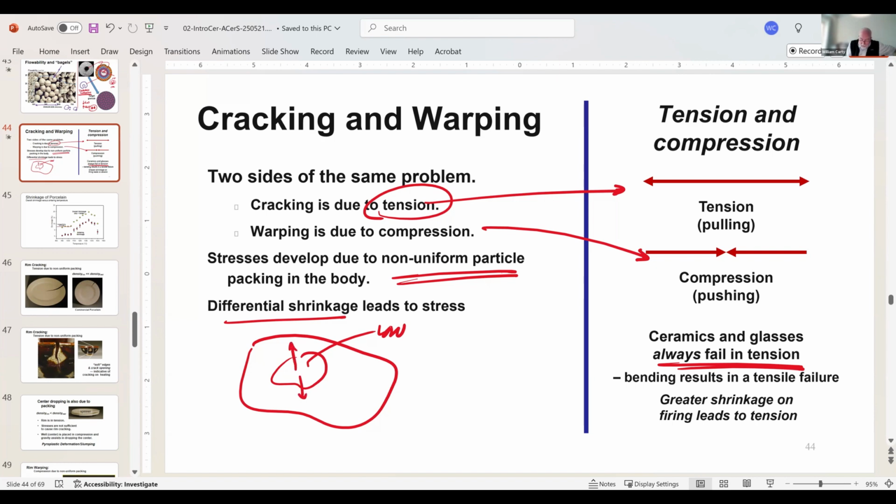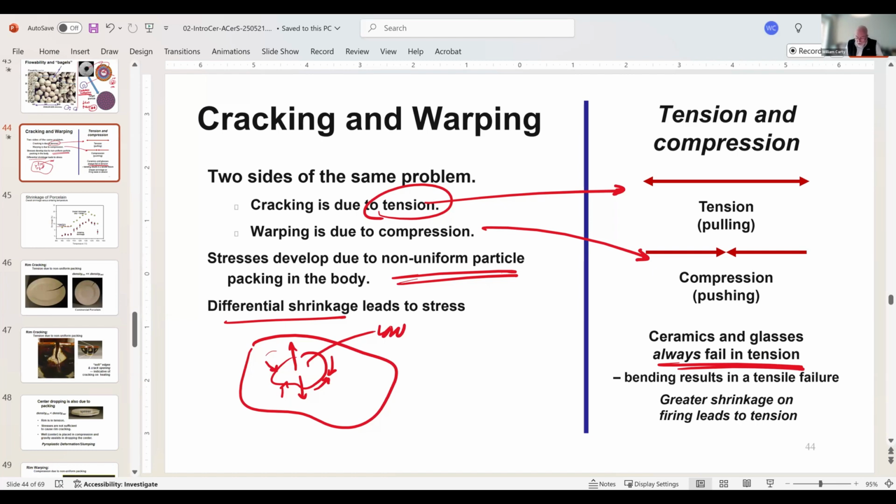And so correspondingly, the surrounding material is placed in compression, because it's now being forced to try to compress. So you actually would draw it this way: compression radially, tension tangentially. Excuse me, tangential compression, radial tension.